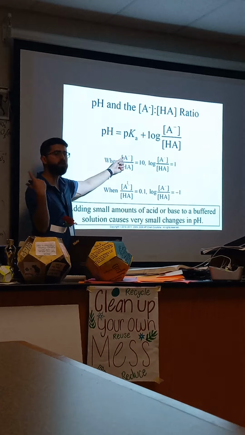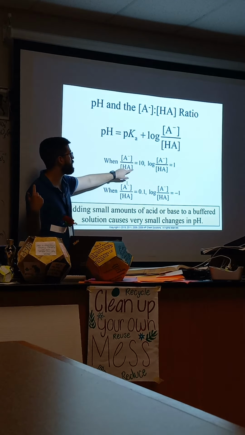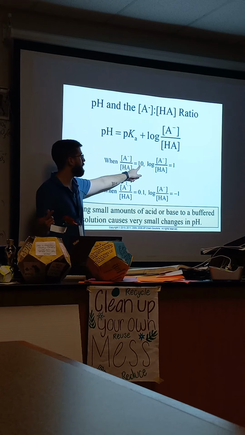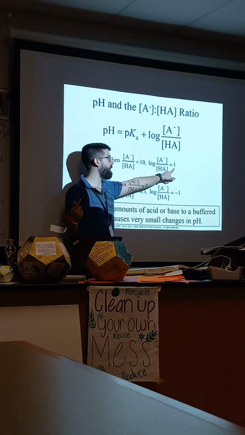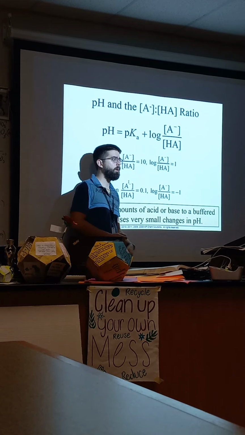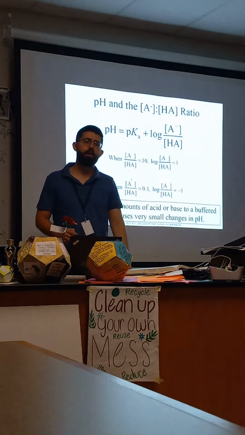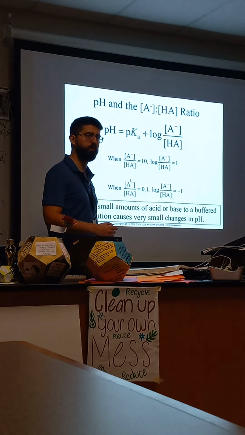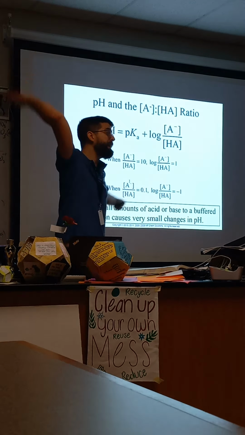Hydrogen. And let's say you do that enough to where A over HA is now 10. Well, look, your pH is only going to go up by 1. But if you had added that much strong base and hadn't had this buffer, what would the pH have actually been? Like 15 or 20, right?